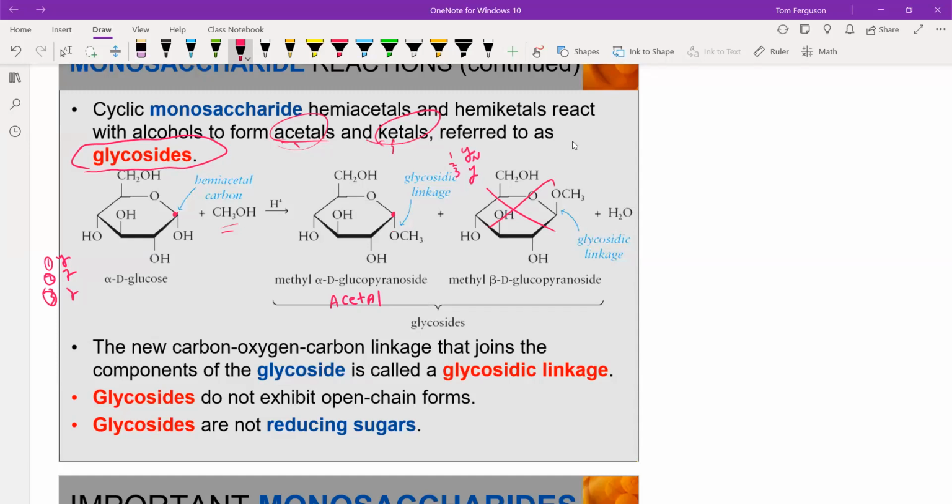Okay, so the linkage formed will be called a glycosidic linkage. It's the acetal formed. Is the glycosidic linkage.